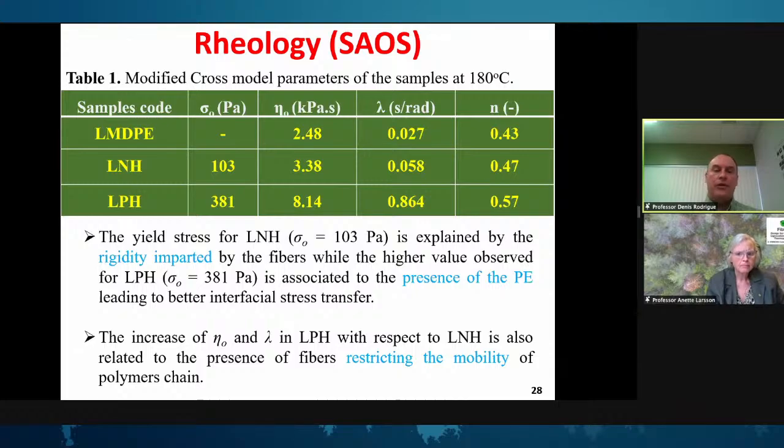So what we have done in this case is we use the treated fiber at different concentrations in the polyethylene matrix, and we calculated back the real fiber concentration depending on the amount of polymer that we added and the polymer that was already grafted on the fiber. Okay, so without adding any more polyethylene, it was very difficult for you to process it.